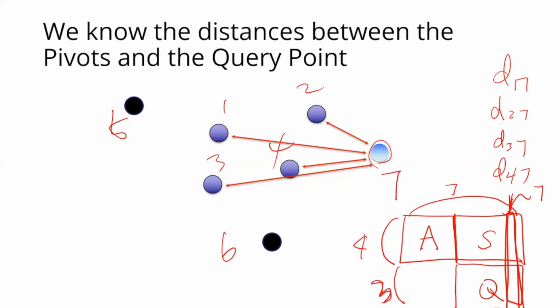Let me be a little more precise. Here's row 5, here's row 6, and over here is what? D57, which is the number that measures the distance from the reference point 5 and the query point 7.